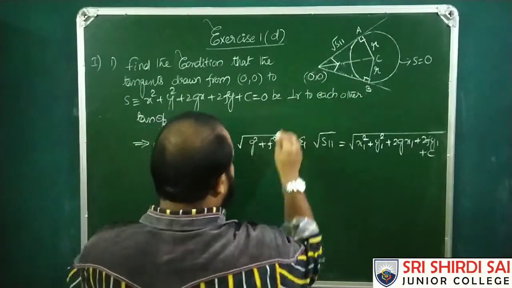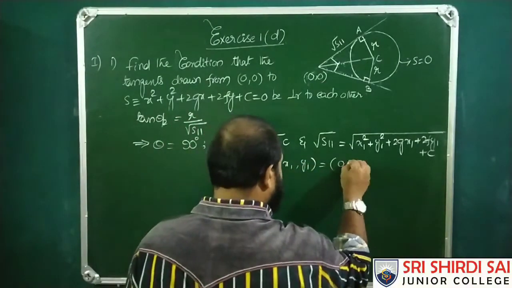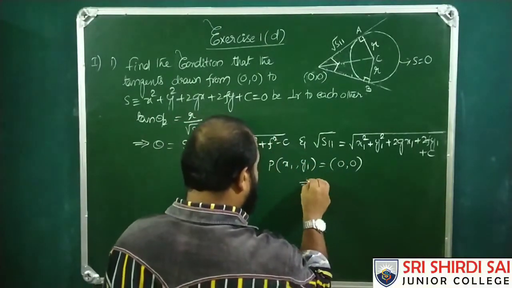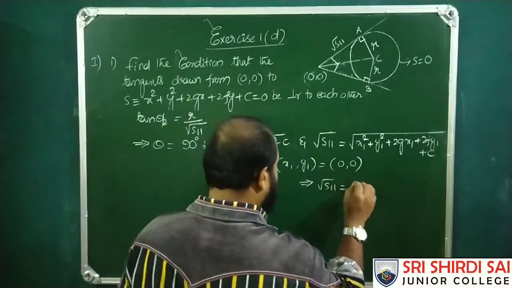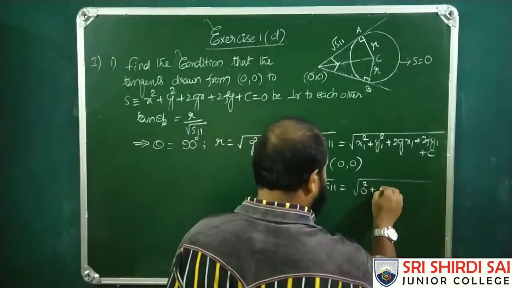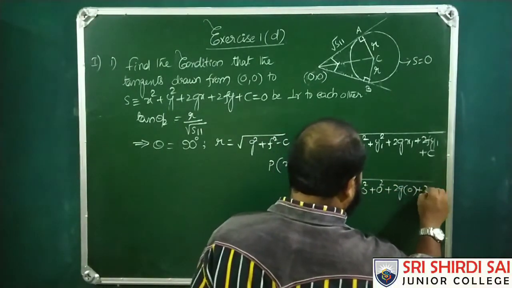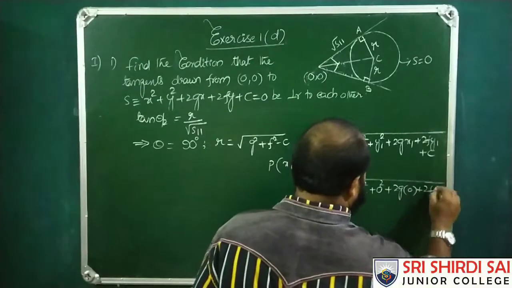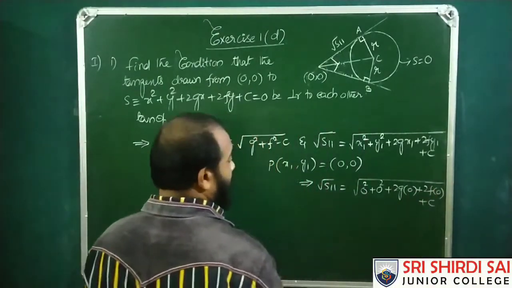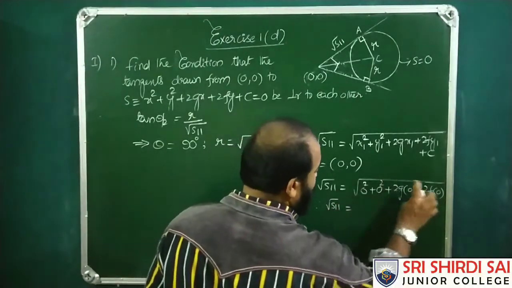The given point P(x1, y1) is (0, 0). So substitute: root S11 is the square root of 0 square plus 0 square plus 2g into 0 plus 2f into 0 plus c. Under the root, therefore root S11 is equal to root c.